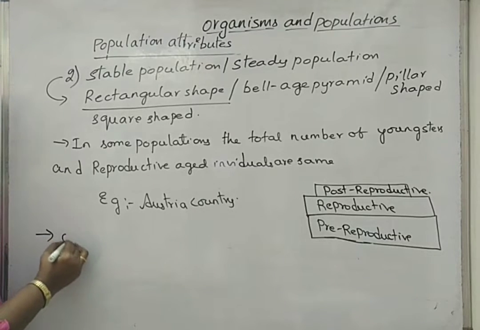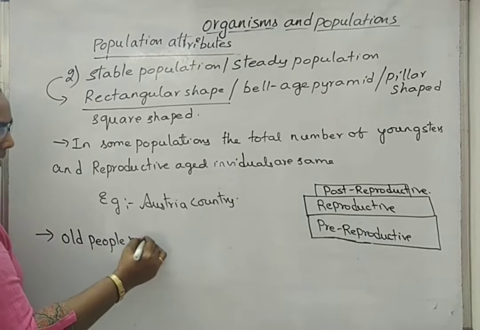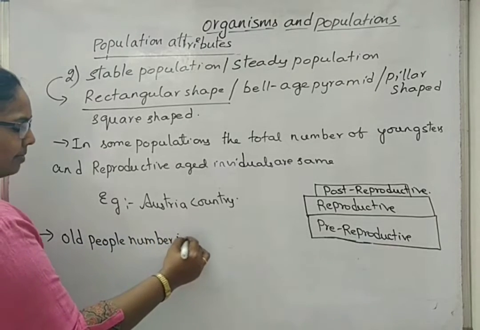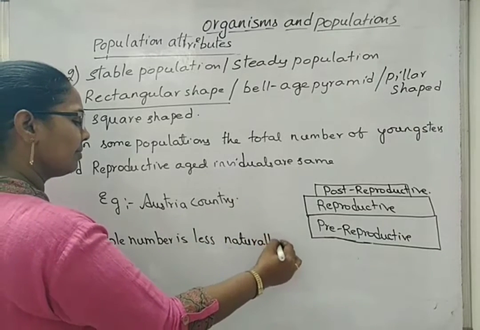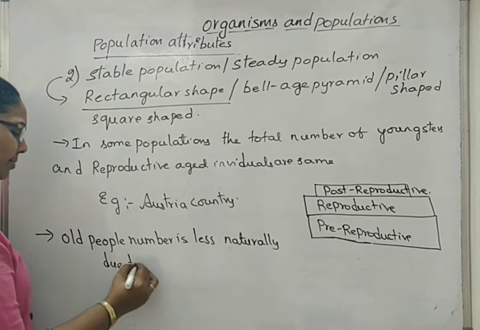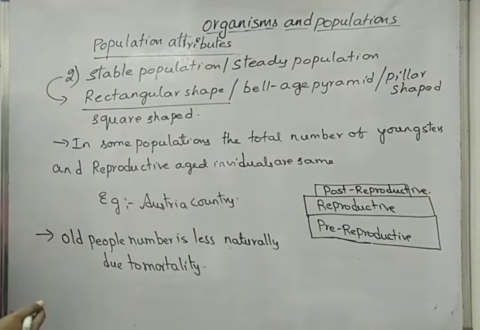Here we can say older people number is less naturally due to mortality. This is about stationary population or stable population or steady population.